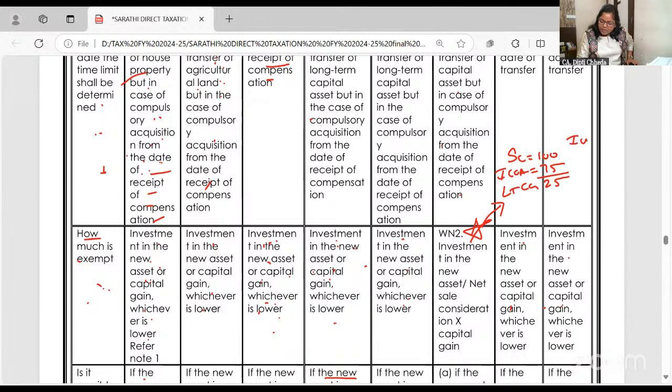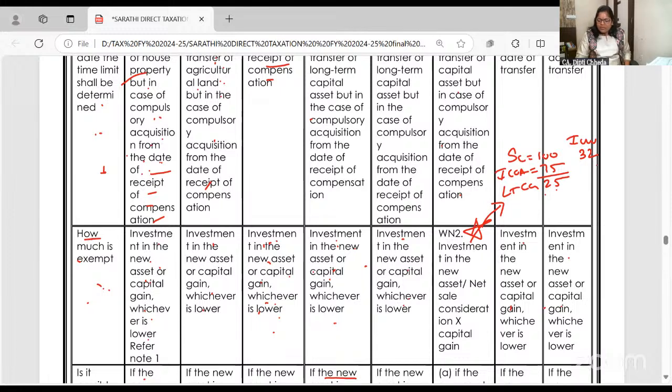Now suppose investment in the new house is 32. Until now, everywhere, dear students, I have told you capital gain or investment in new house, whichever is lower. So 25 or 32, whichever is lower.